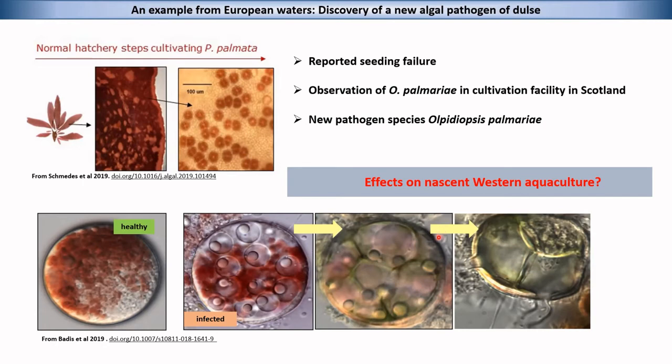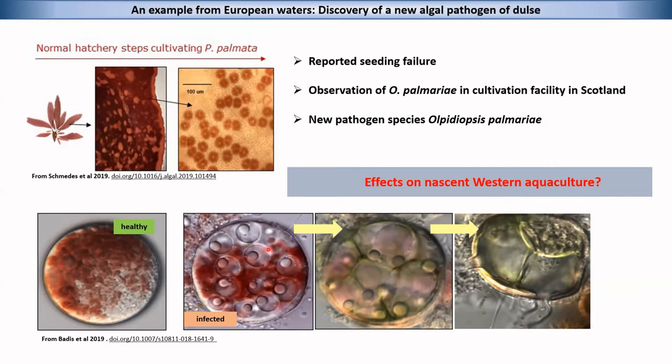And at the latest stage of infection, the pathogenic thalli develop into sporangia, and then they release pathogen spores into the seawater. At this stage, the algal spore is completely dead.